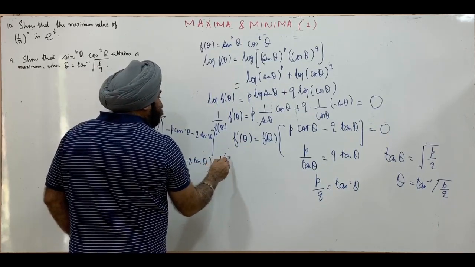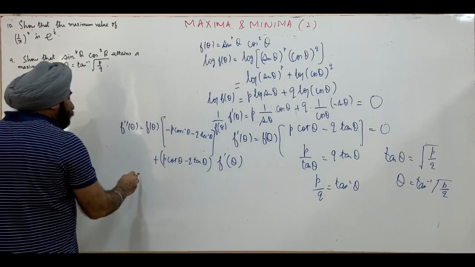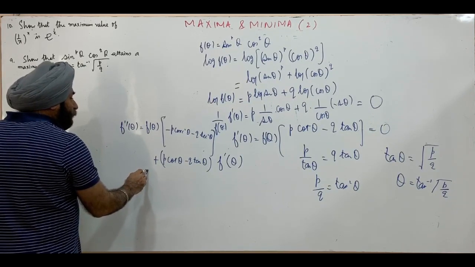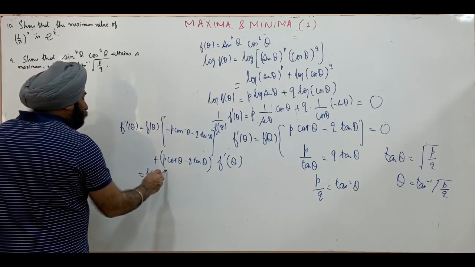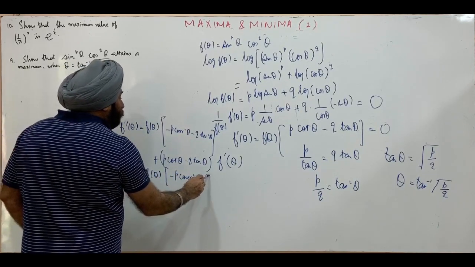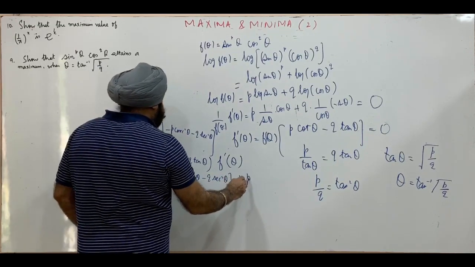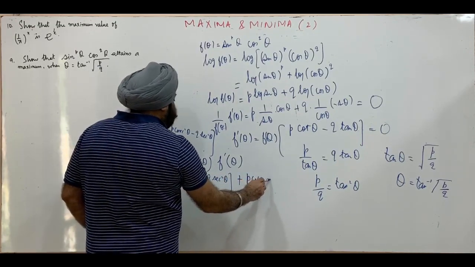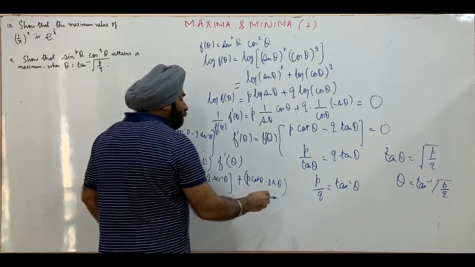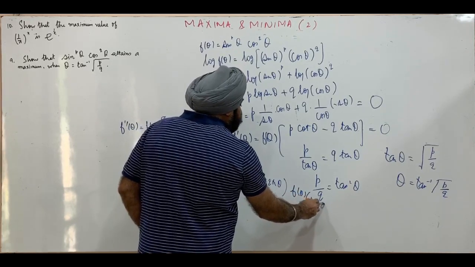So we write the derivative of f theta is f dash of theta. So this will be f theta into minus P cosecant square theta minus Q secant square theta, and plus P cot theta minus Q tan theta into f dash theta, that's f theta into P cot theta minus Q tan theta.